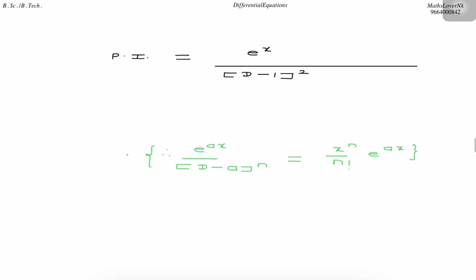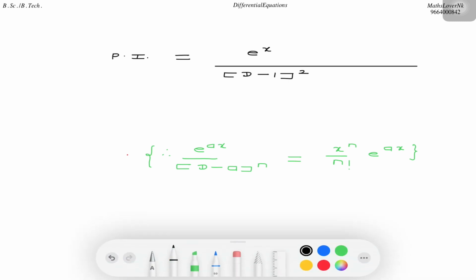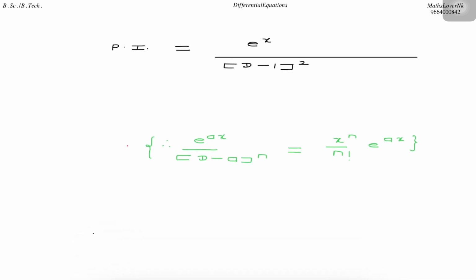Now we can solve PI. Here the value of n is 2, so x the power 2 upon factorial 2 into e the power x.